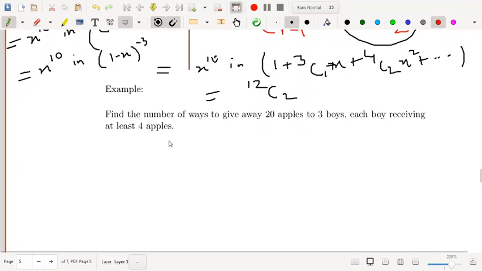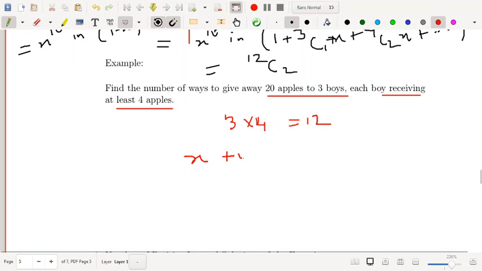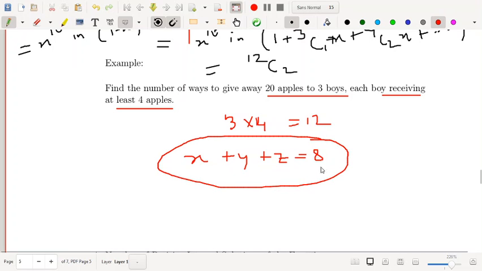There is another problem. Suppose the number of ways to give away 20 apples to 3 boys, each boy receiving at least 4 apples. So give away 4 apples to each boy. So 3 into 4, 12 apples gone. So you are left with 8 apples. This is nothing but solving x plus y plus z equal to 8. The number of non-negative integral solutions of x plus y plus z equal to 8, because 8 apples remain and you have 3 boys x, y, z, and empty boxes are allowed.